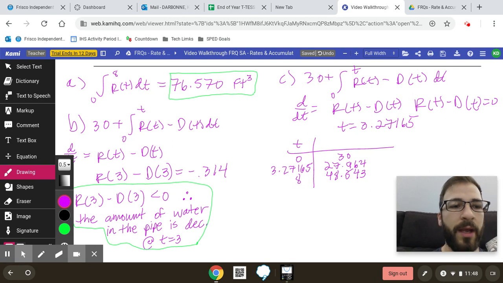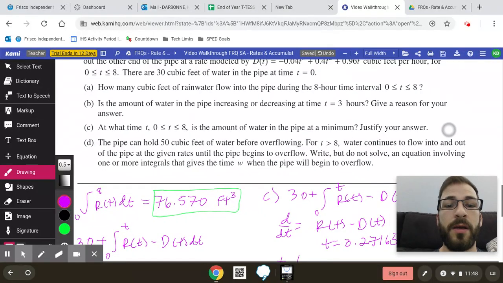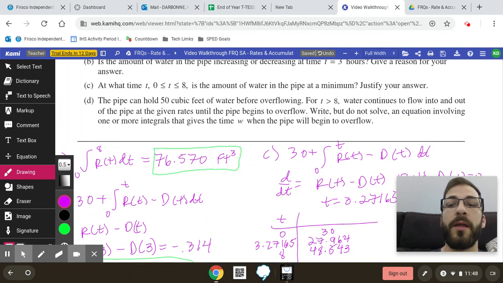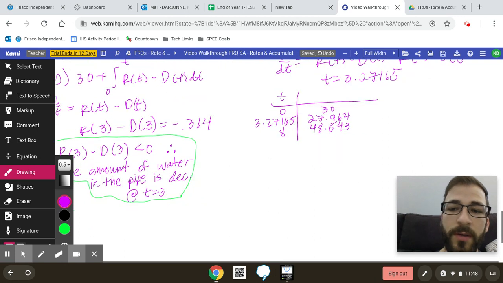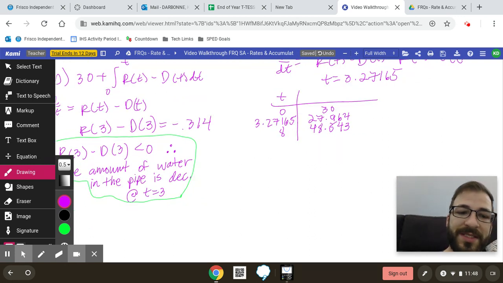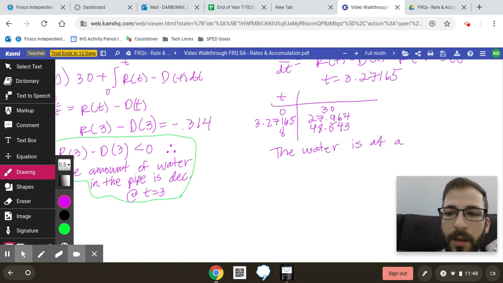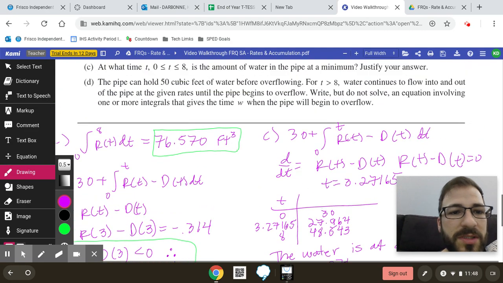All right. And the question actually asked us, at what time is the amount of water in the pipe at a minimum? So out of these three, 27.964 is the least. So we'd say the water is at a minimum at t equals 3.271, as in hours.